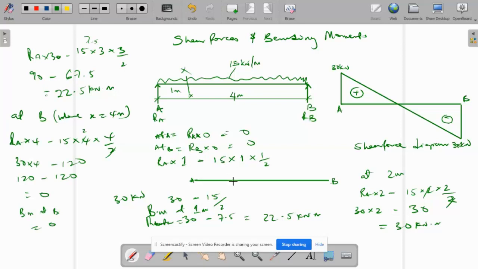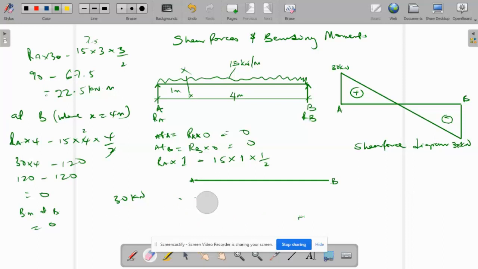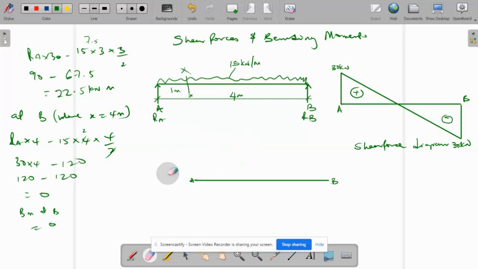So we can easily plot this. Let's plot it. If we want to plot our bending moment diagram from what we've gotten so far, what we need to do is, we have the first point at A. We said that A is 0, so we have 0 here.